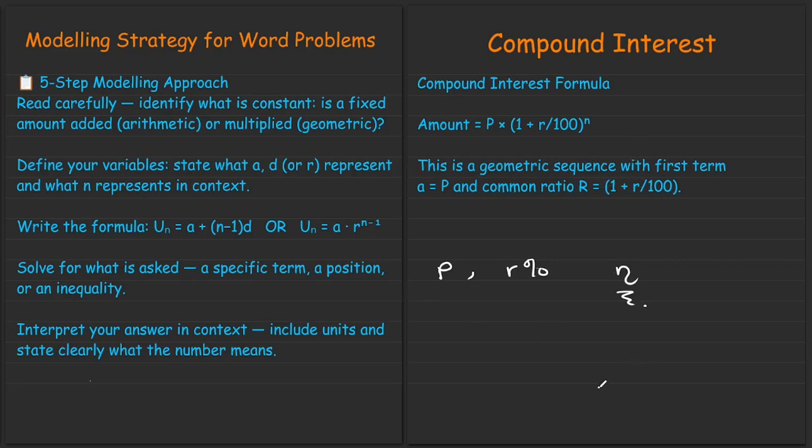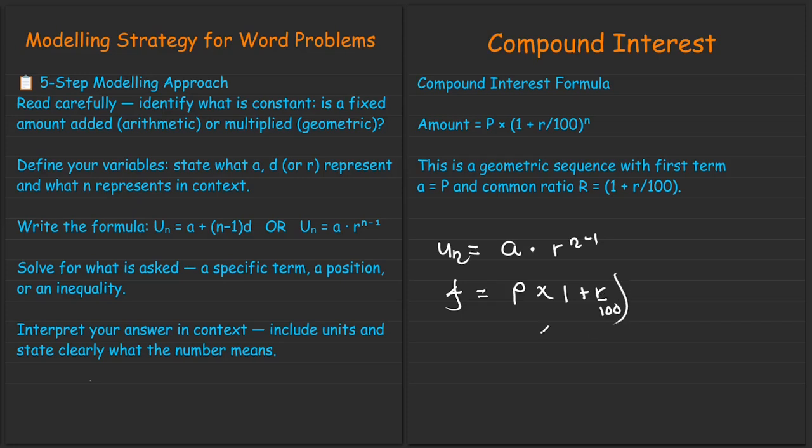You know why it's a geometric sequence? Let's look at this. So we know for geometric sequence, we have un being equal to what? a times r to the power n minus 1. If you are to compare it to what we have here, amount equals P times 1, then plus r over 100, all to the power n.